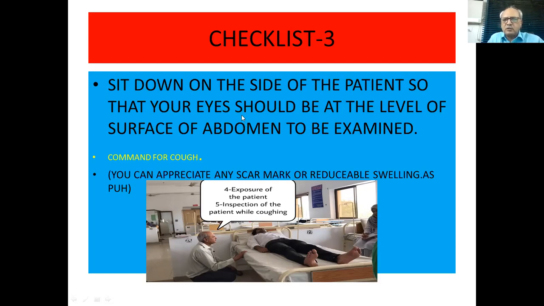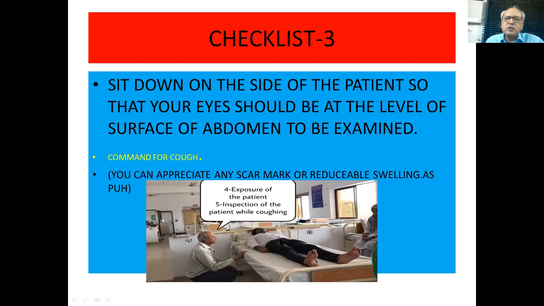And while sitting on the level of the surface to be examined, you will inspect any visible pulsation, pigmentation, scar mark, type of respiration, or swelling. Remember that in surgical patients, the swelling and scar mark of previous surgery are very important.